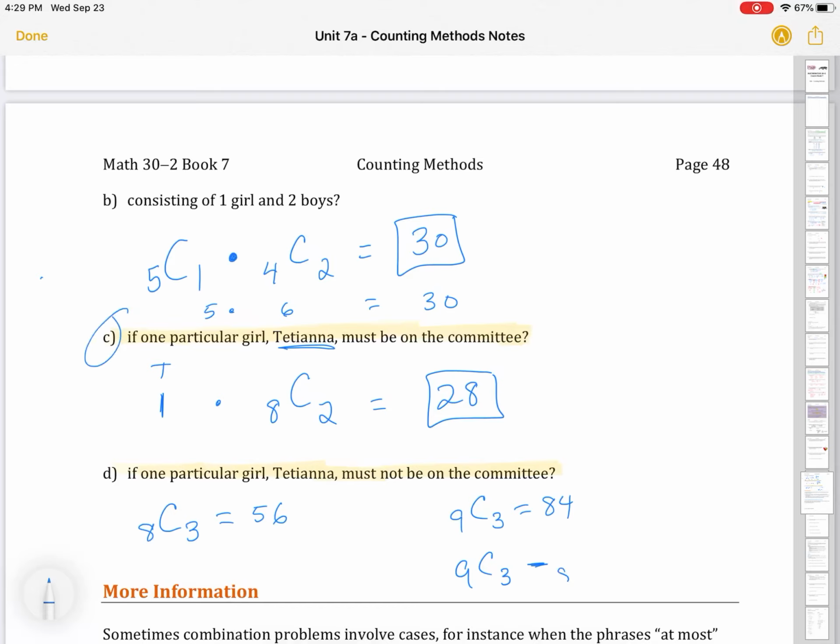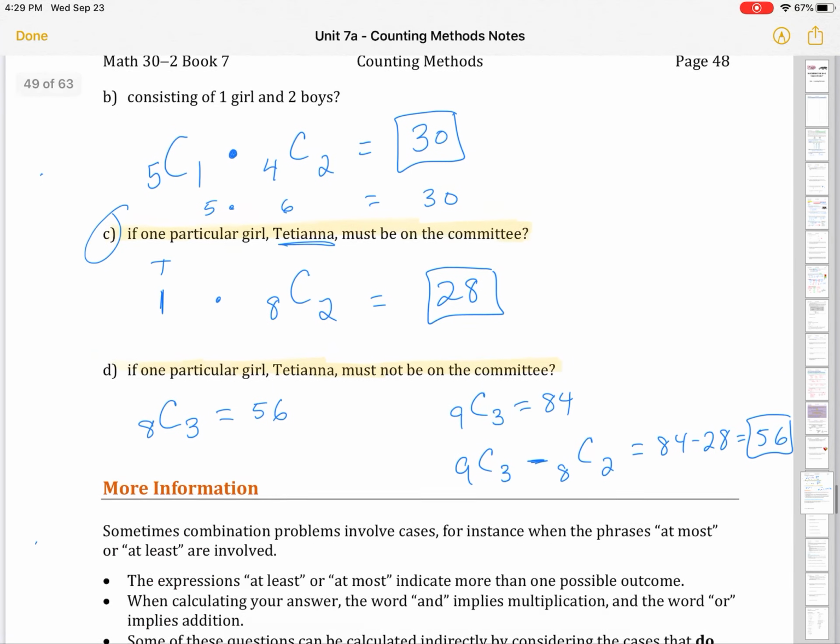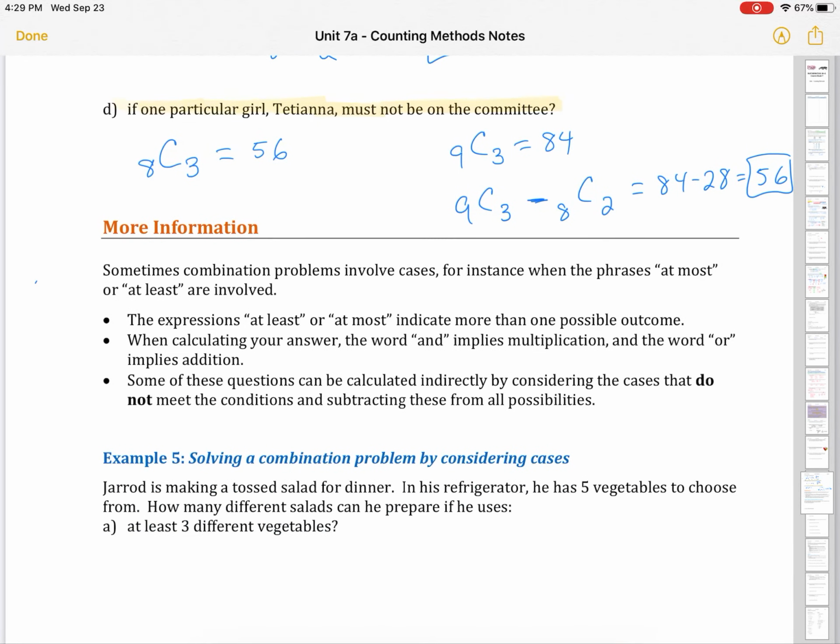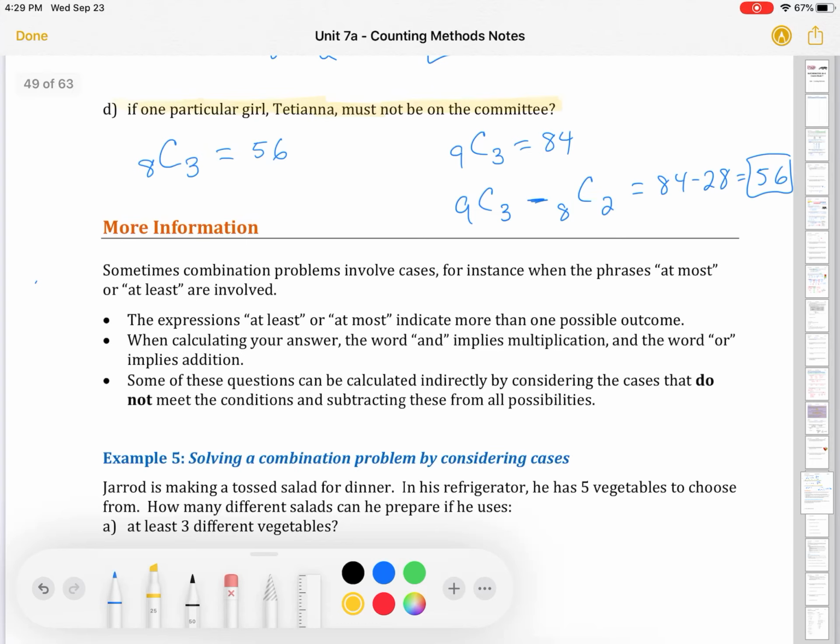If we take 9 choose 3 and subtract the number we got when Tatiana had to be on the committee, which was 8 choose 2, so we go 84 minus 28, we get 56. So you can take the total number and subtract the ones where she is on the committee, and it should equal the number where she's not on the committee. Interesting. They connect, right? They're kind of connected counting terms.